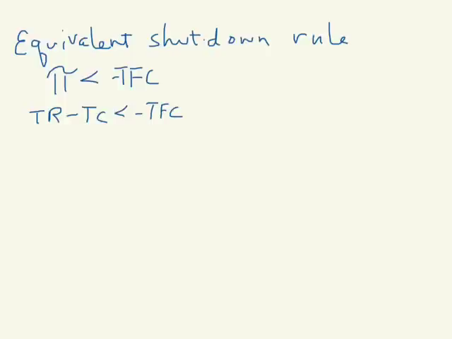We can manipulate that a little bit more. I'm just going to add total cost to both sides. Shut down if your total revenue is less than total cost minus total fixed cost. Shut down if your total revenue is less than total variable costs.